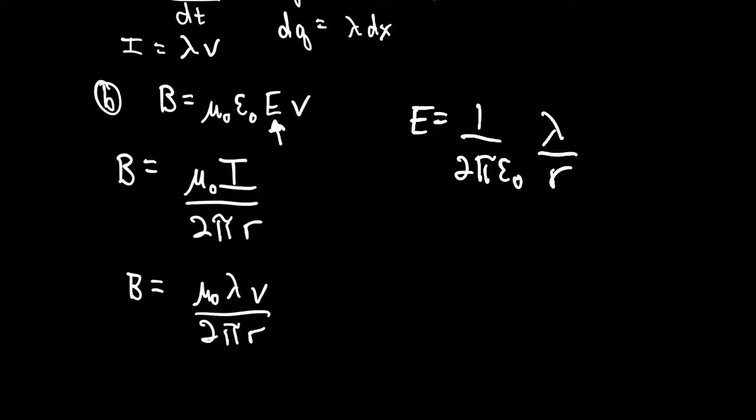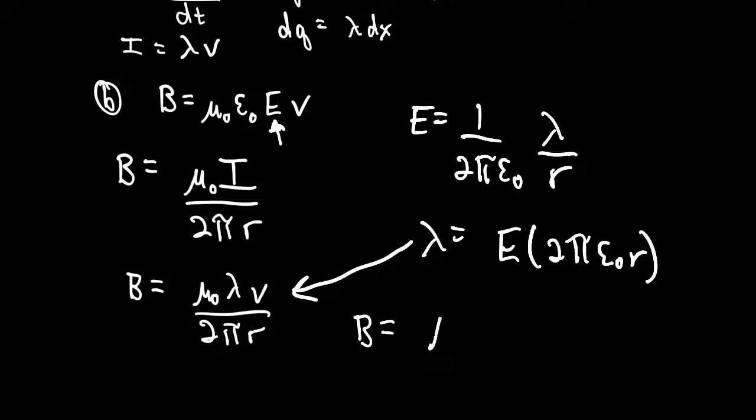To do that, I can solve my E equation for lambda. Multiply that whole denominator over to the other side. Then lambda is equal to E times 2 times pi times epsilon naught times r. And I can plug that right in.